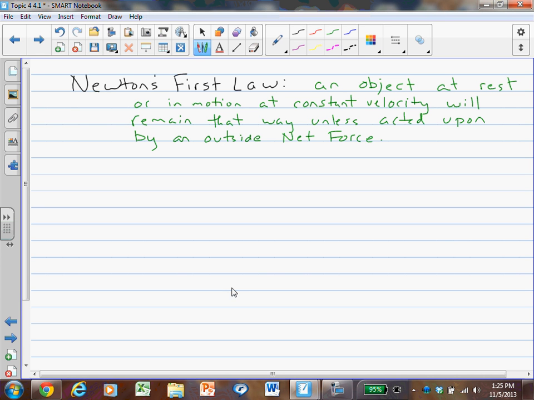So what that means is that you're in a state of what we call equilibrium. And in that case, the sum of the forces is equal to 0. There's no net force. An object is in equilibrium.